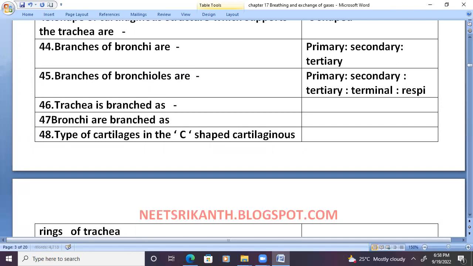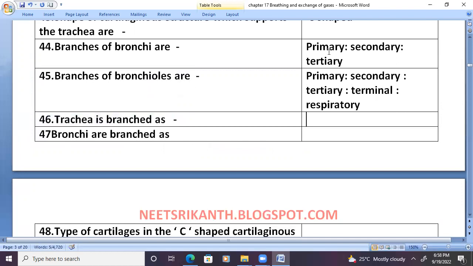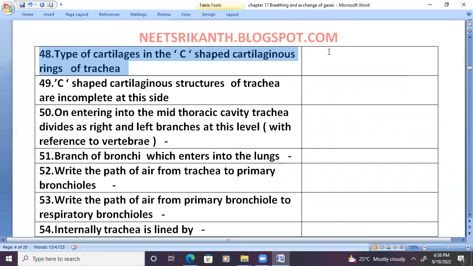The immediate branch of the trachea is the primary bronchi. Bronchi branch into bronchioles. The C-shaped cartilaginous rings of the trachea are made of hyaline cartilage.